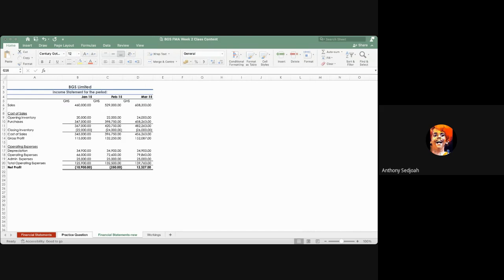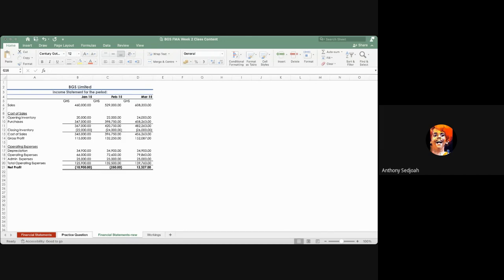What Edem said is correct. That's depreciation itself, something losing its value over time. But the main reason why accountants calculate depreciation is that an asset has been bought, and it is going to be used for a number of years. They don't want to charge the entire cost of the asset in one single year.